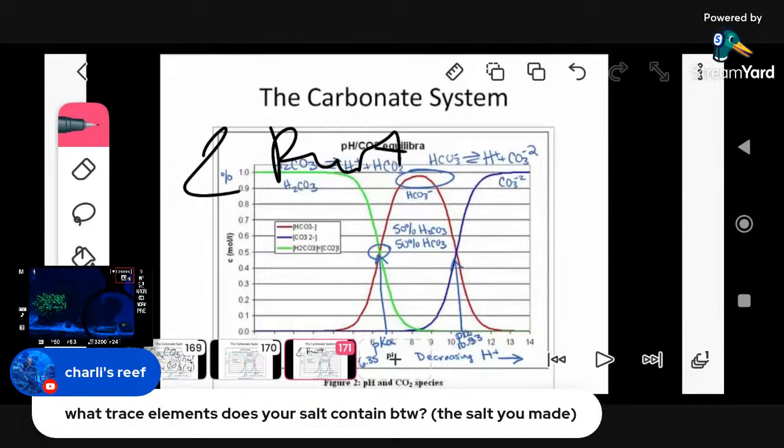Because I know Atkins doses off a reef, they add calcium, and I don't want calcium, magnesium, potassium, sulfate in my trace elements. I want my own solution.